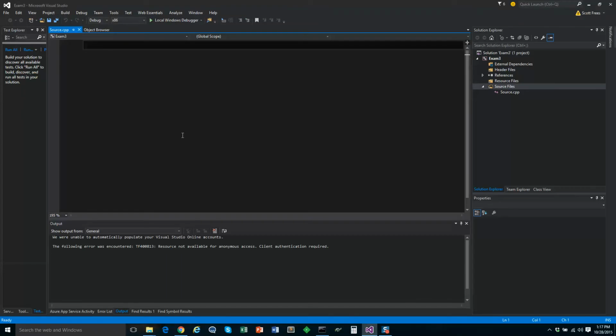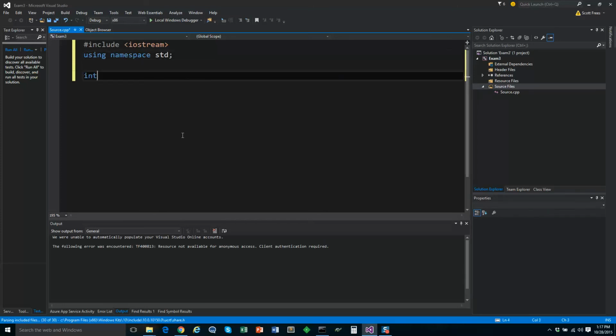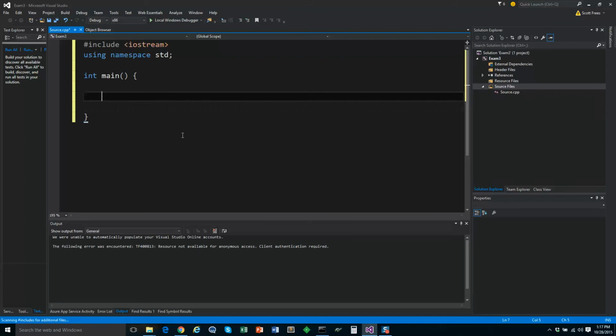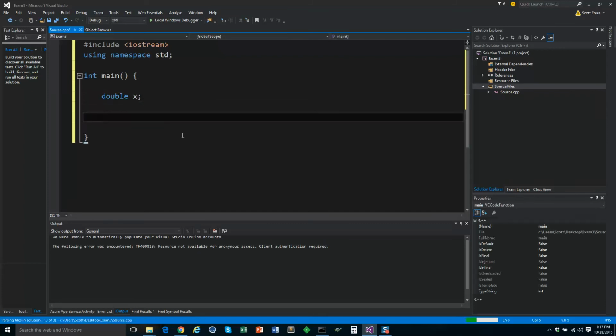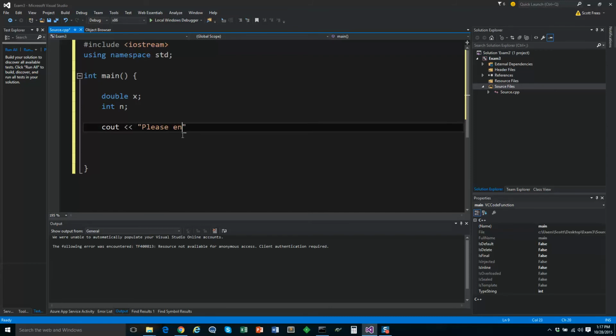I'm going to write my C++. And I know that I have to get x from the user, and I know I need to get n from the user. And I'll put my prompt, please enter x between 0 and 2.